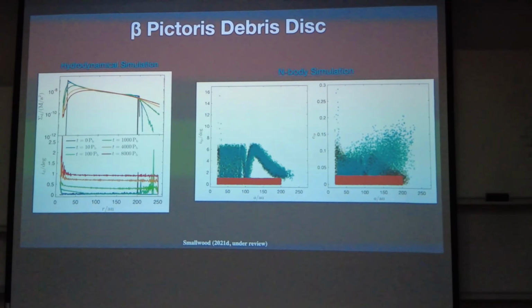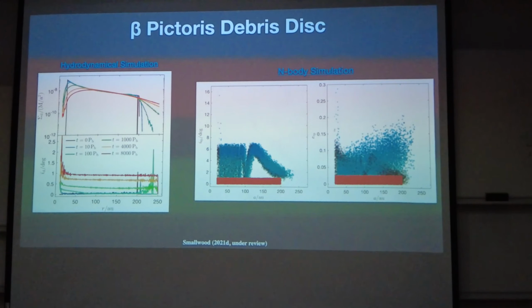You can see that the surface density profile is flat, and the inclination profile is flat. So that concludes that the warp we see must have occurred after the gas disk dispersed.